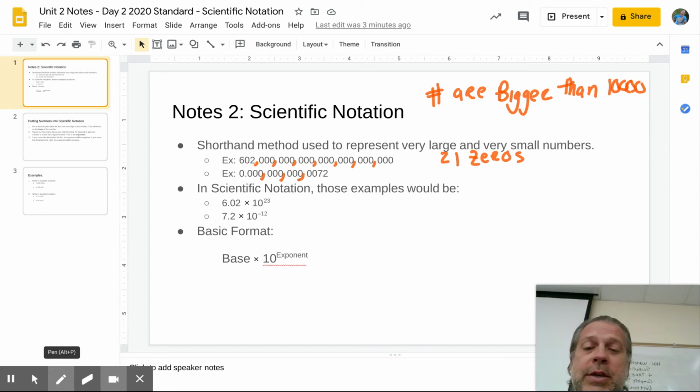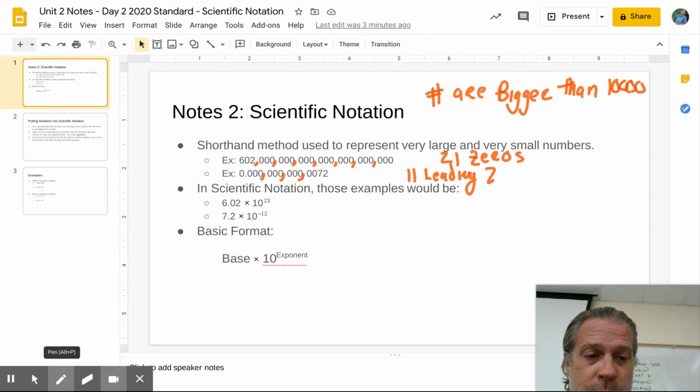So in any case, the 602 with all those zeros after it versus the 11 leading zeros up to the 72, those are holding places.